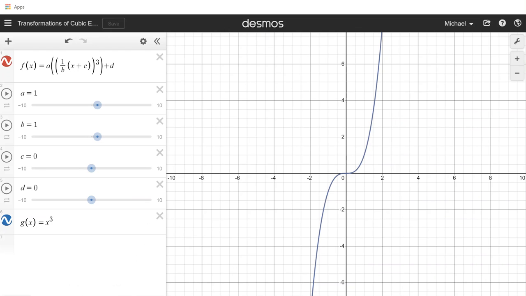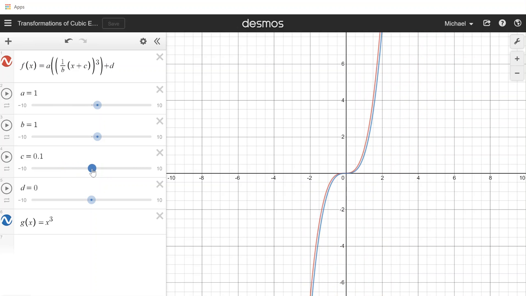So I made this little thing in Desmos, and I set up these sliders here. So my C and my D are playing those roles of shifting left, right, or up, down. So I'm going to mess with C first. So we can see that if I start adding positive numbers, it's shifting my graph to the left. And if I were to subtract off numbers inside, it's going to shift to the right.